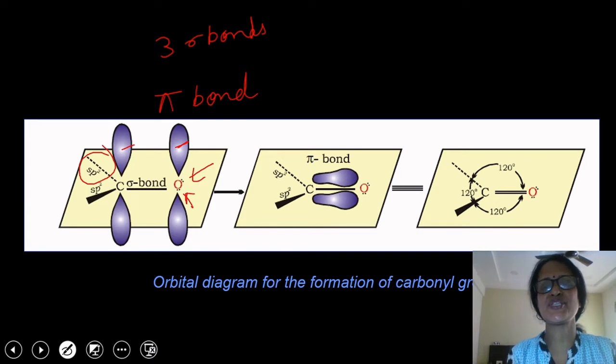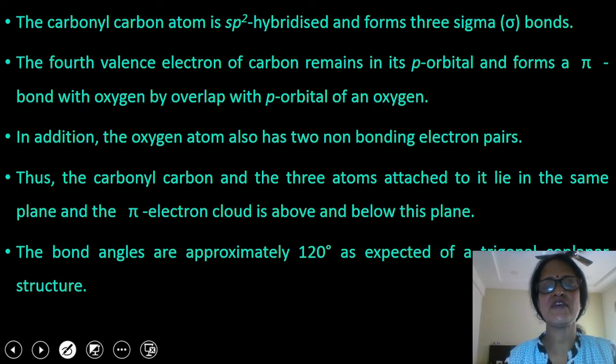So this is the structure of carbonyl carbon: it is sp2 hybridized, consists of 3 sigma bonds which lie in one plane, and the pi bond consists of 2 lobes which lie above and below this plane. Whatever points I have explained are written here for your convenience.